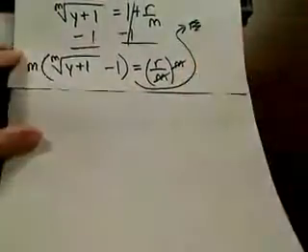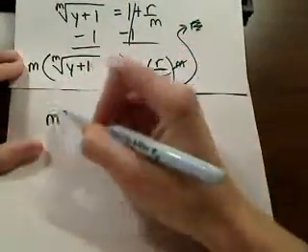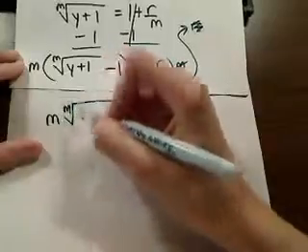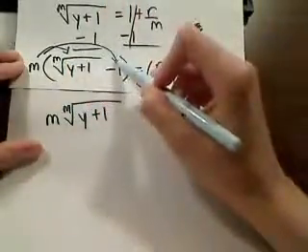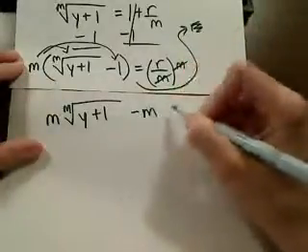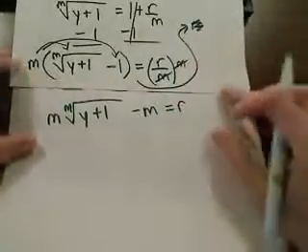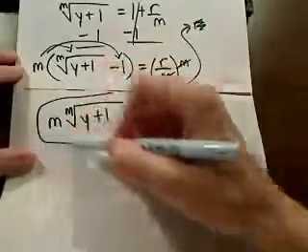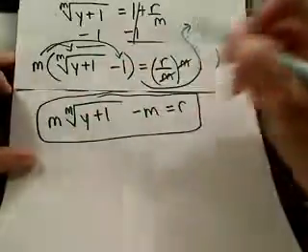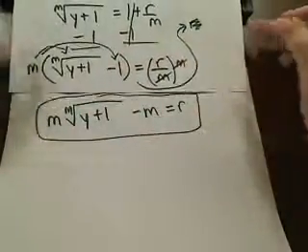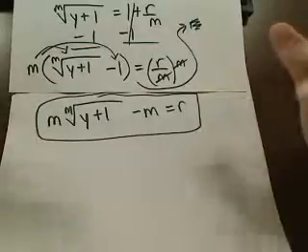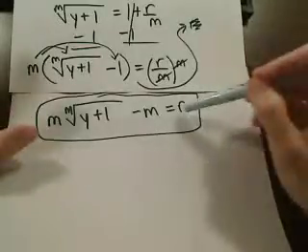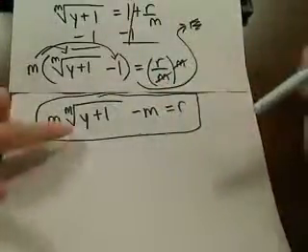So when I distribute the m, it's going to be m times the mth root of y plus 1, that's multiplying by that, and then multiplying by that would be minus m, equal to r. Okay, and so this is the formula that we can use to calculate the nominal rate corresponding to an effective rate that will be given to us.